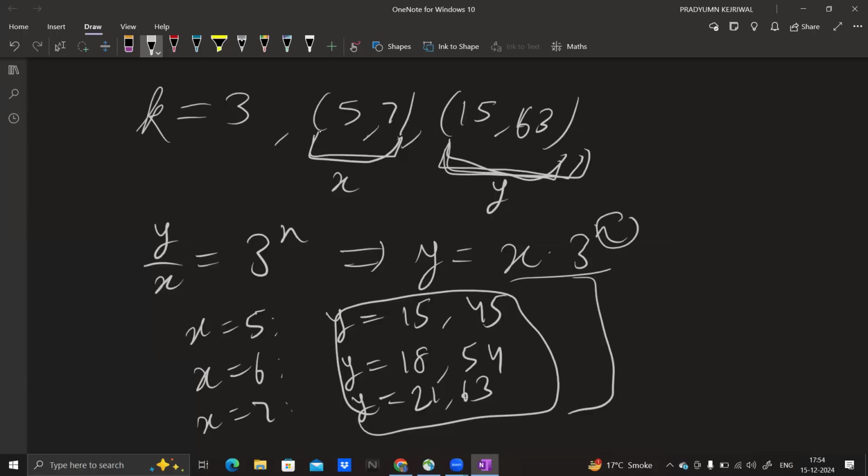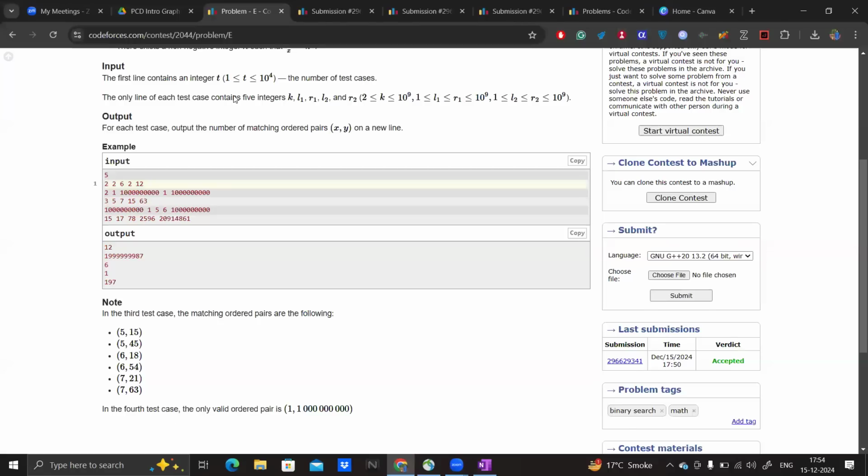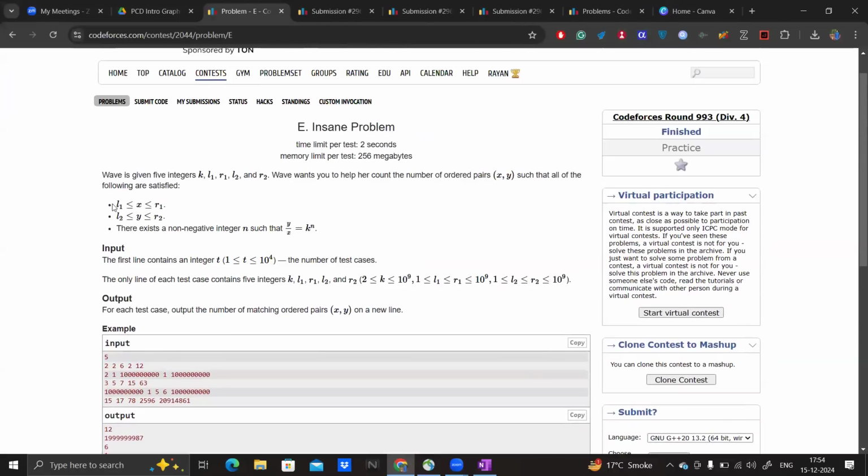So if I just write a code to do this, then it will give TLE. Why? Because the limits are very harsh. x is from L1 to R1, but L1 and R1 can range from 1 to 10^9, right? So therefore, I can't do this. It is a brute force approach. I can't do that, right?